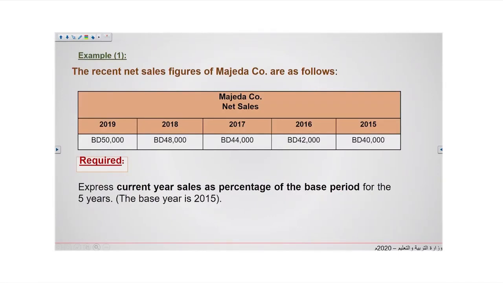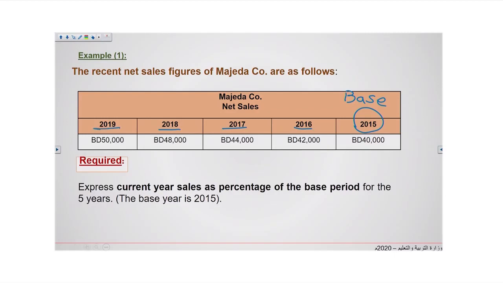The recent net sales figures of Majida company are as follows. Okay, now we have 5 years. We'll start with 2015 because this year is the oldest year, so this year is the base year. Okay, then we have 2016, 2017, 2018 and 2019.